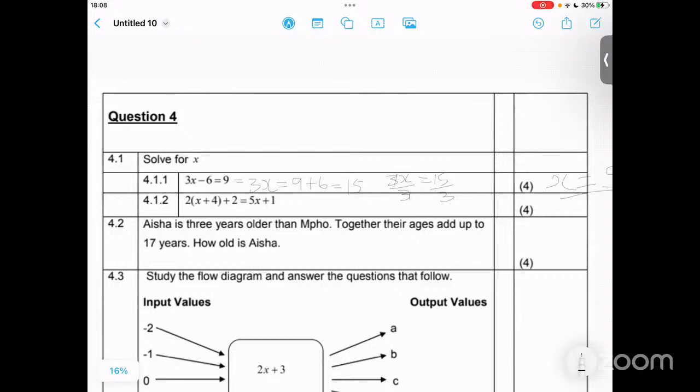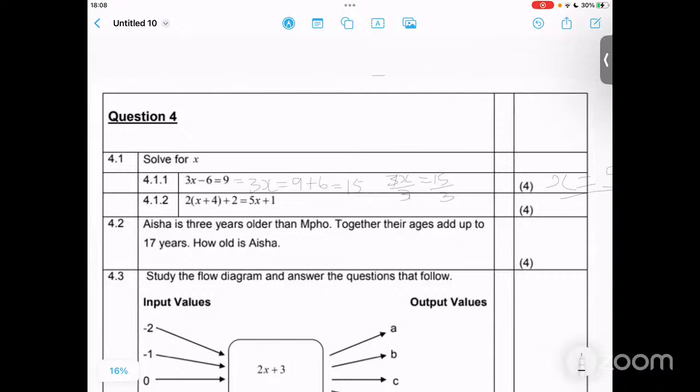And then, ma'am, we're going to take 2 and 8 over the equal sign. They will then become -2 and -8. And then, ma'am, we're gonna have 2x minus 5x, which gives us -3x.